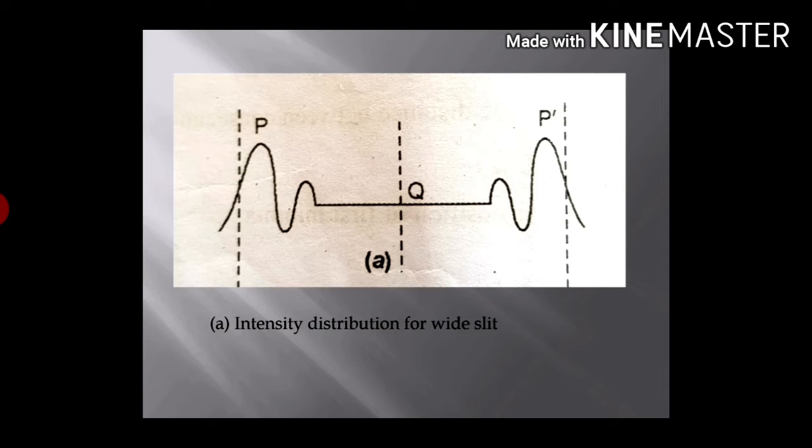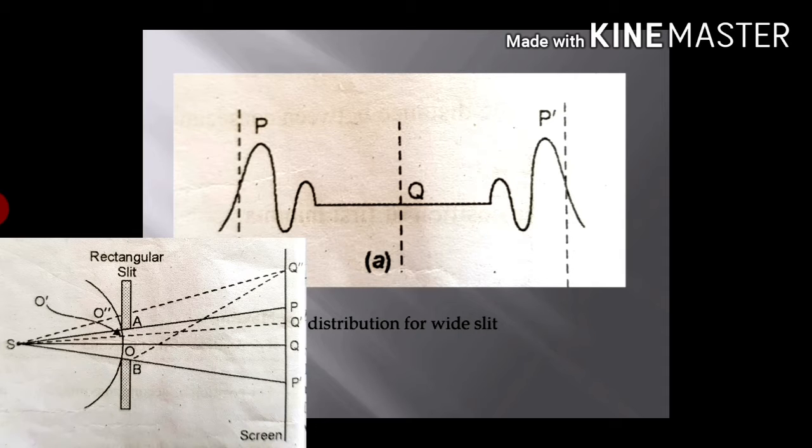If there are n half period zones, then the amplitude will be half of the amplitude due to the first half period zone, and the diffraction pattern will be obtained parallel to the edge of the slit. Beyond P and P dash, this is the geometrical shadow region, and the intensity decreases repeatedly.